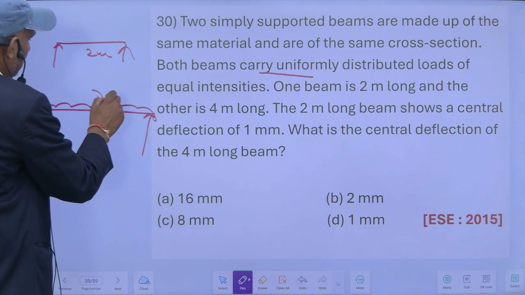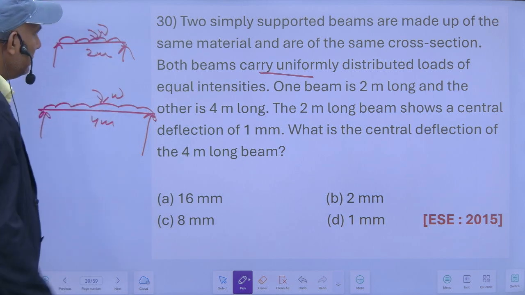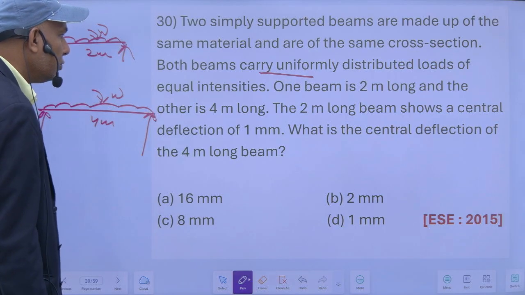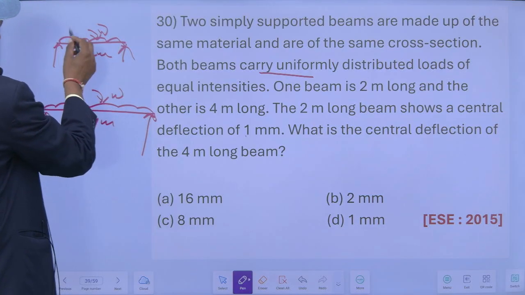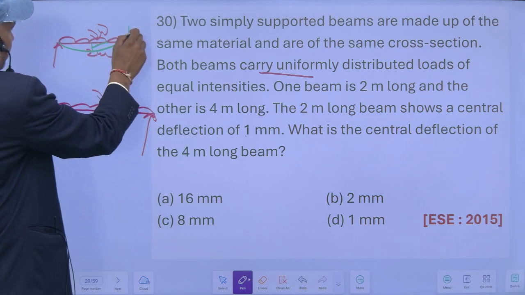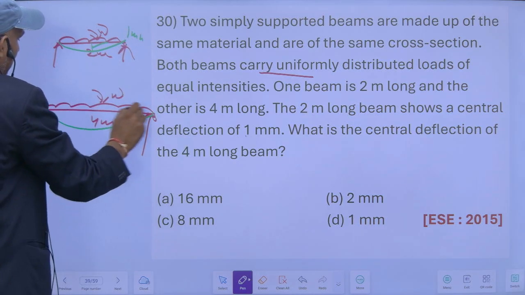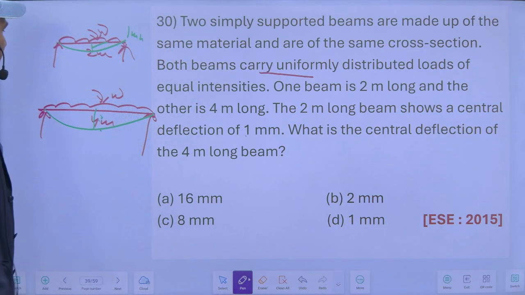So this is W, this is W. The 2 meter beam shows a center deflection of 1 mm. Means this delta is 1 mm. So what will be the delta here? What will be the center deflection in this?